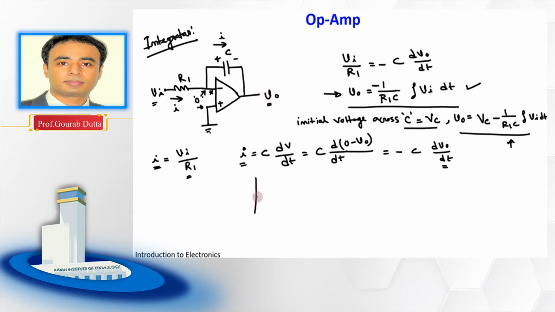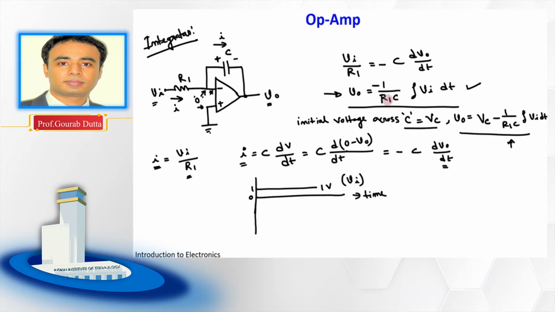So what we are discussing now is that the input is 1 volt, this is 0, and this is constant, right? This is the time axis. Then can you tell me what will be the waveform of this output voltage Vout?